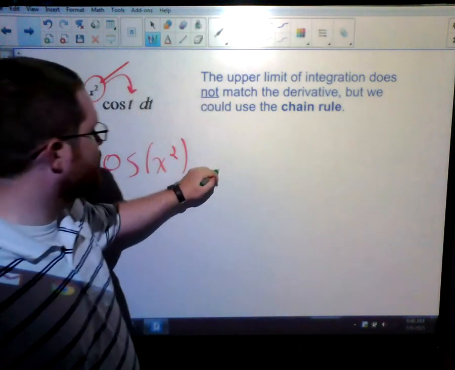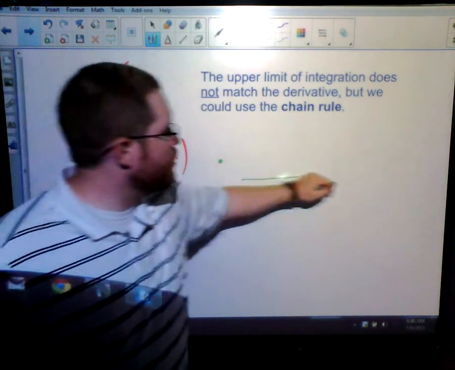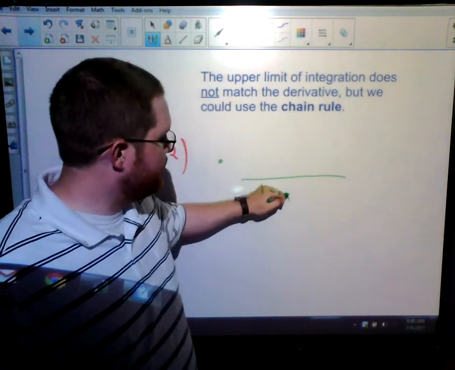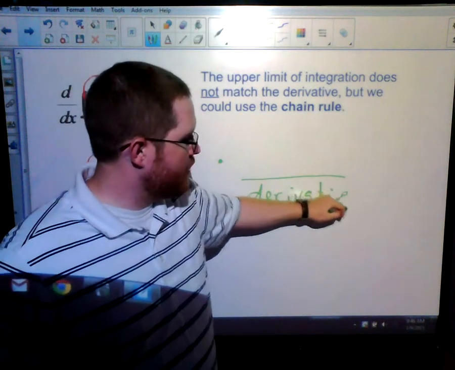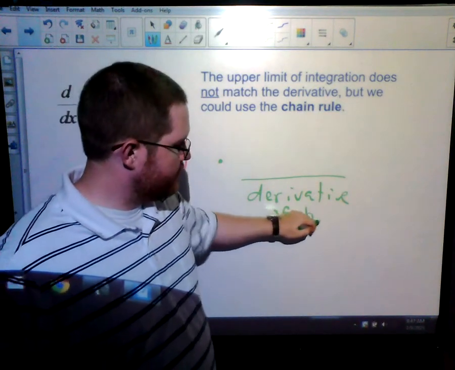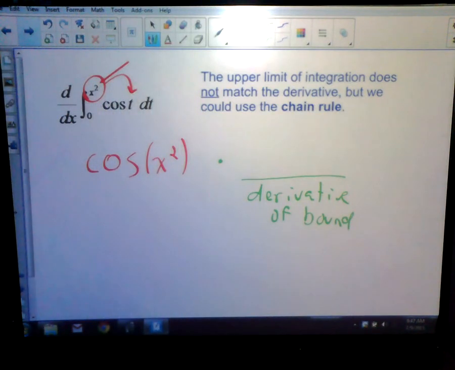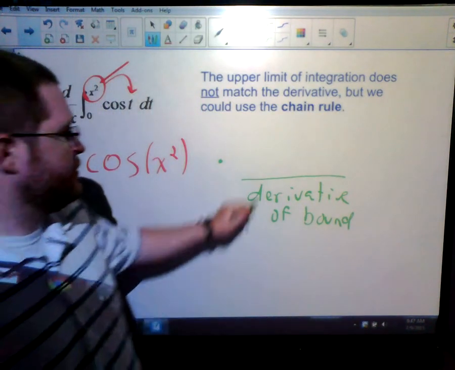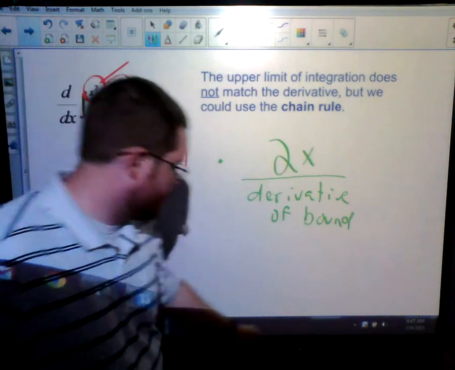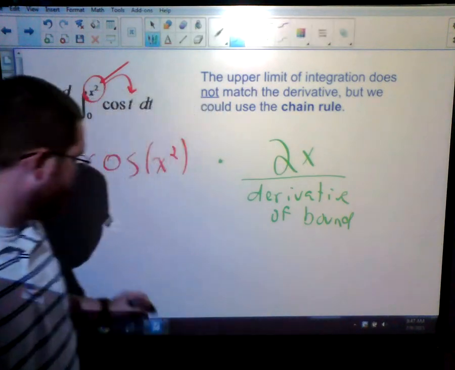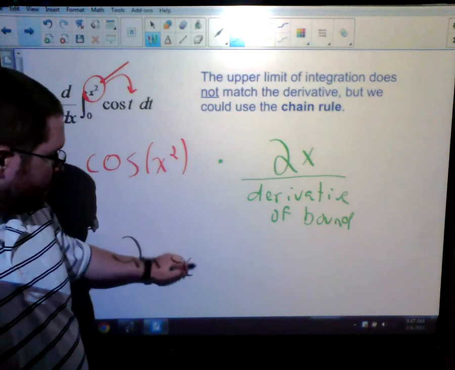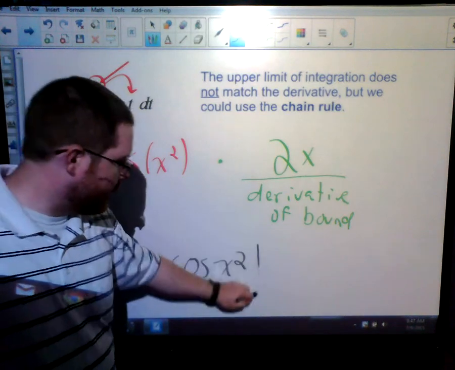But I have to include something. I have to include the derivative of the bound. What is the derivative of that top bound? What's the derivative of x squared? It's 2x. So what's my final answer? My final answer is 2x cosine x squared.